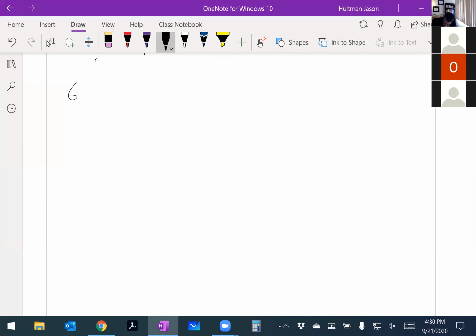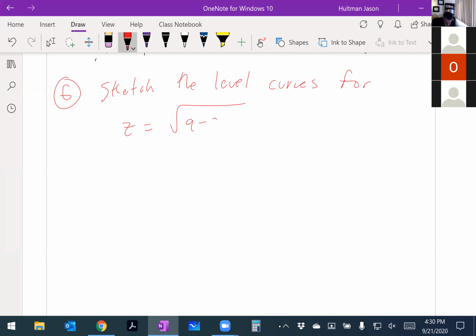So number 6. Sketch the level curves for our friend z equals the square root of 9 minus x squared minus y squared.